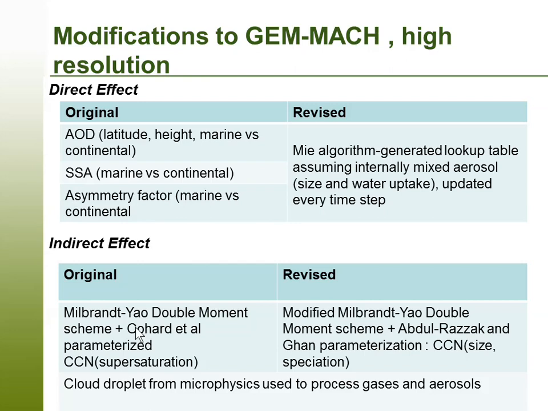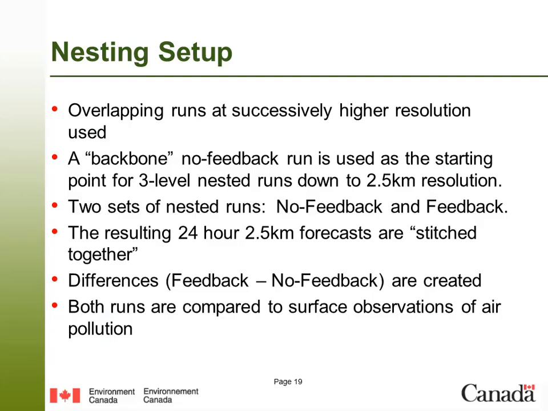And then for the indirect effect, there's a Milbrandt-Yau double moment scheme. There's a parameterization for cloud condensation nuclei, just as a function of supersaturation, that it uses. And that's been replaced with the Abdul-Razzak-Ghan scheme, which is by aerosol size and speciation. So the air quality part gets into the model that way. And then you complete the feedback loop by having the cloud droplets from microphysics going to process the gases.